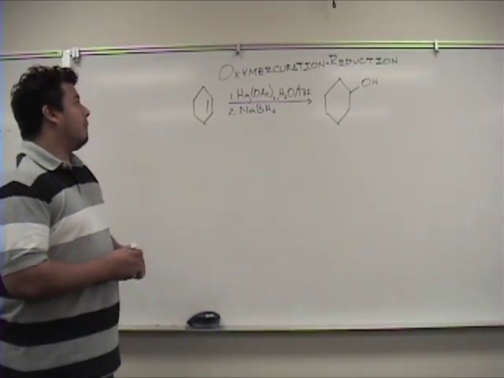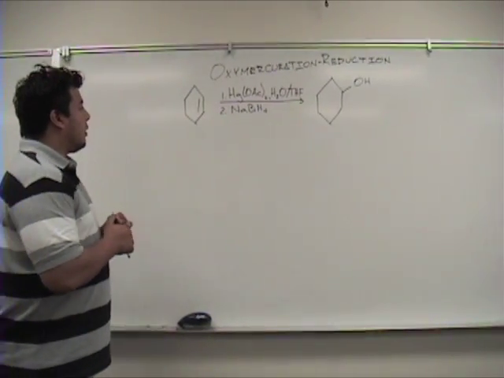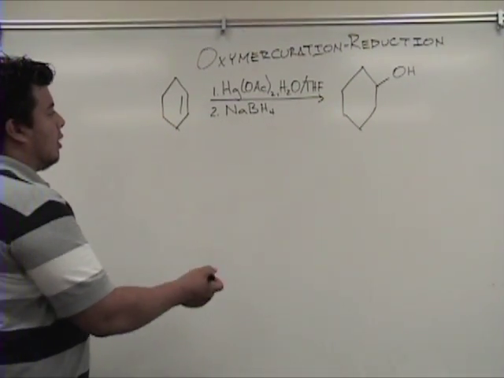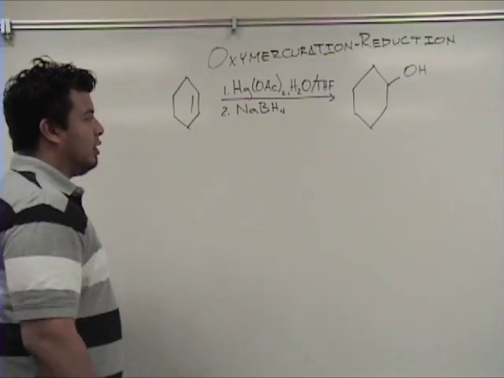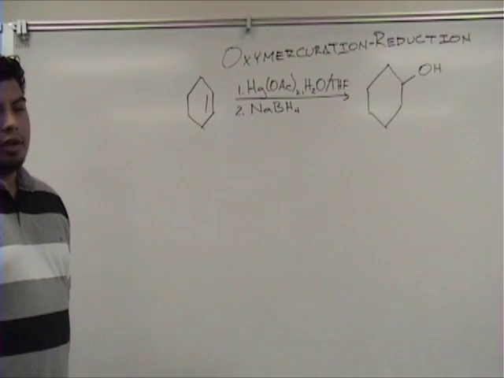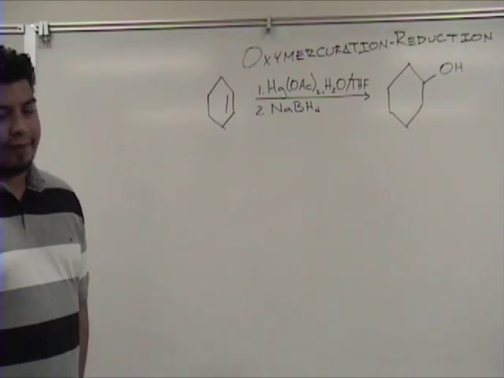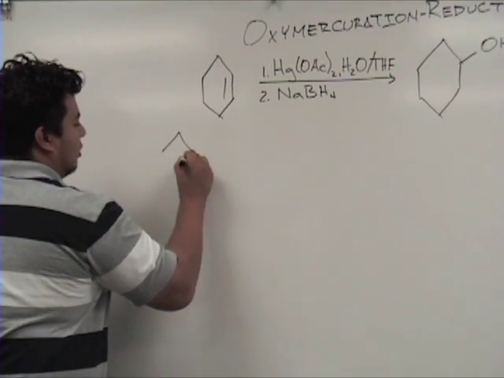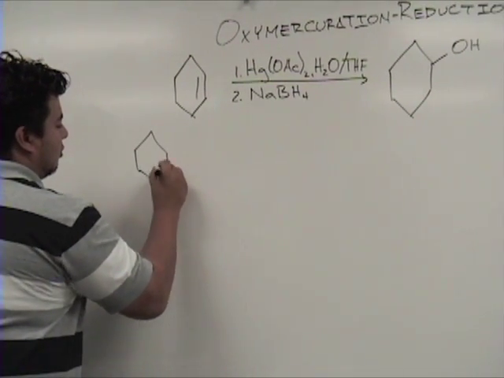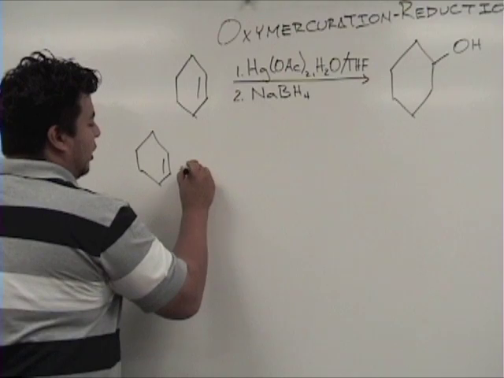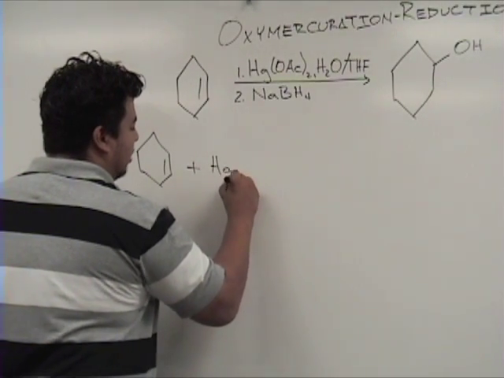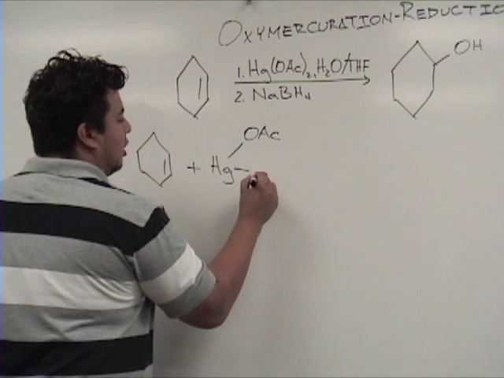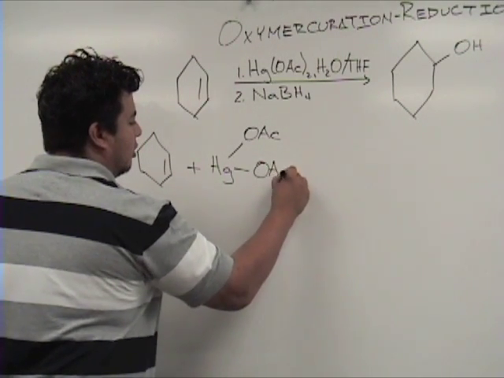Let me give you an example of that. So we have this molecule, it's an alkene obviously, and then we're going to react it with Hg(OAc)2 in the presence of H2O and THF. So let's do that. We have our alkene plus we have the Hg, we have an OAc up here and an OAc up here.